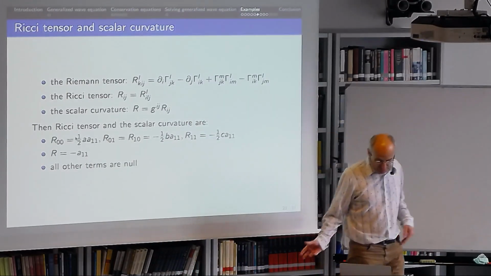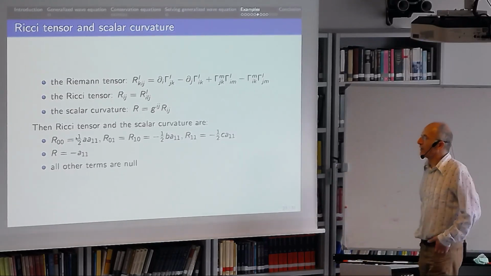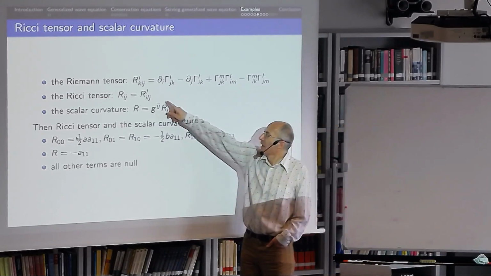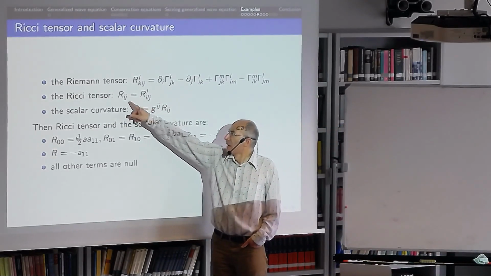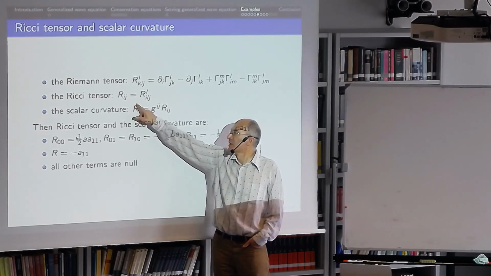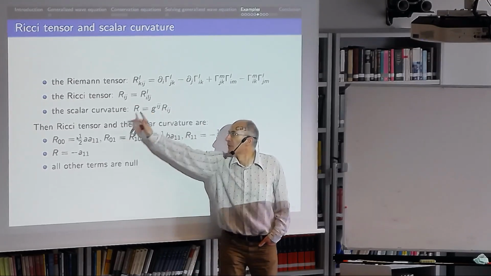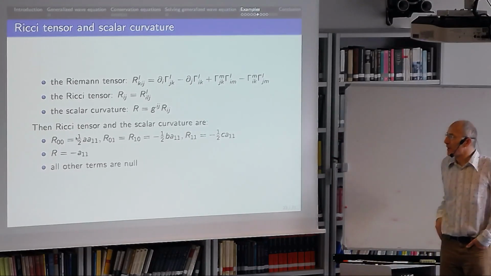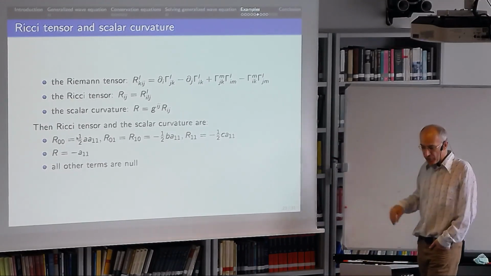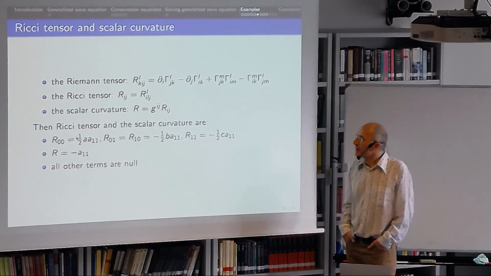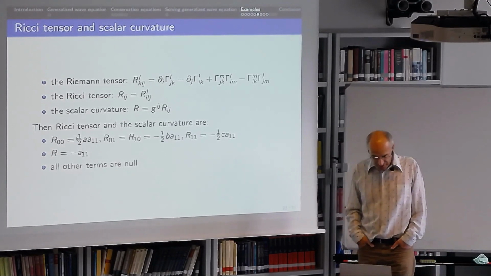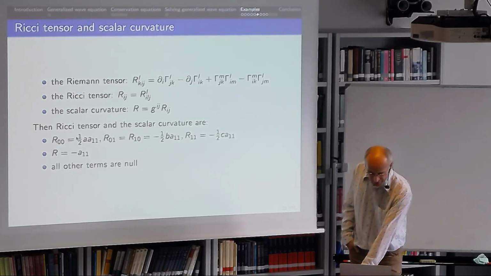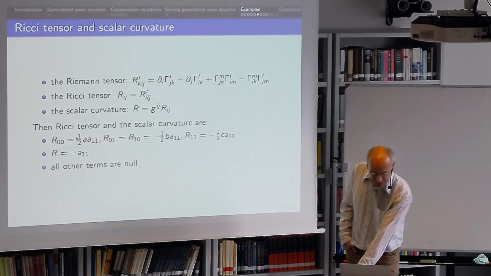And when you combine them to get the Einstein tensor, which is just R_ij minus one half of R multiplied by the metric tensor, we find that the Einstein tensor is identically 0. So it was just to make the link with general relativity.